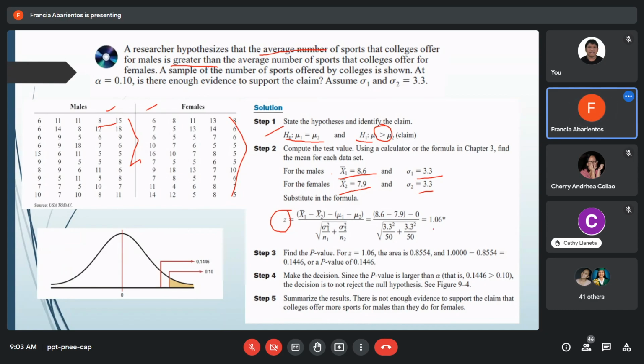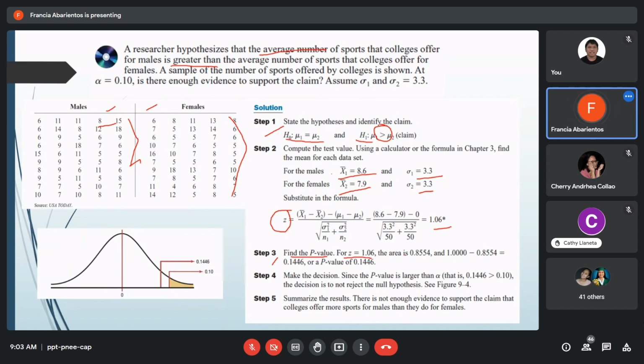It is 1.06. Our step 3 here is to find the p-value. What is our p-value for the given z-test? We already got the z.